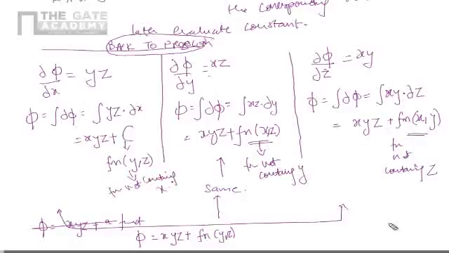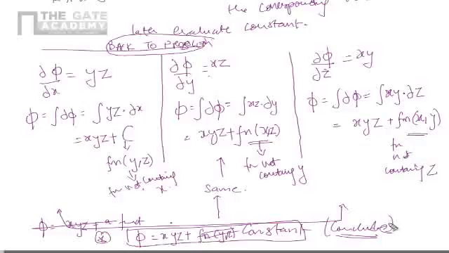That means this part is a function not containing x, not containing y, not containing z. Therefore this part has to be a constant. Here we conclude it. This is how it has to be done. And therefore φ is nothing but xyz plus constant, which is a solution.